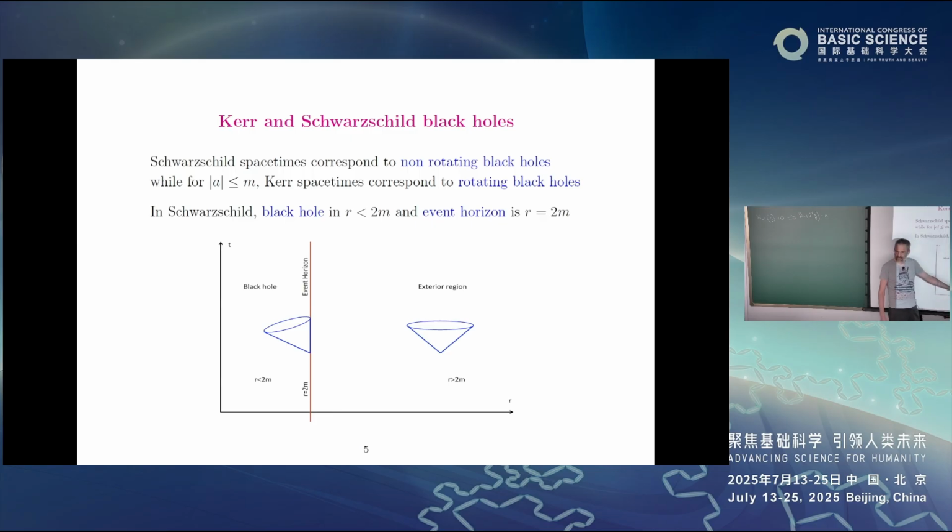If r is very large, as I said, I'm asymptotically flat, close to Minkowski. So my light cone looks exactly like the one you're used to, the nice Minkowski light cones. But as soon as r decreases, this picture will be more and more deformed. In fact, this light cone will tilt more and more to the left until you reach this special hypersurface r equals 2m, where it is tangent to it.